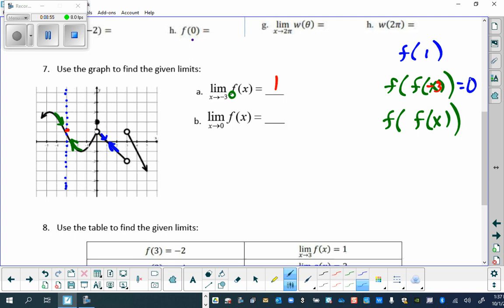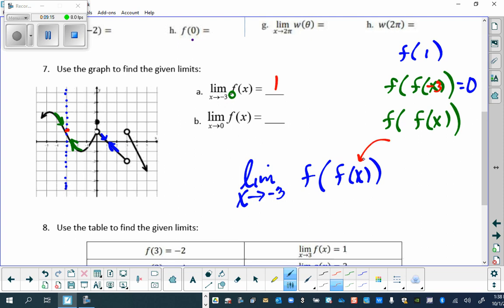Sure. So when I'm talking about a composite function, when we have f of x, and I'm asking you for the limit as x approaches negative 3, what I care about first is I dive into the center. So what is the function of an input of negative 3? When I put a negative 3 into this function, do you see how I get a 1 out? Okay. So my output, f of x, is equal to 1.